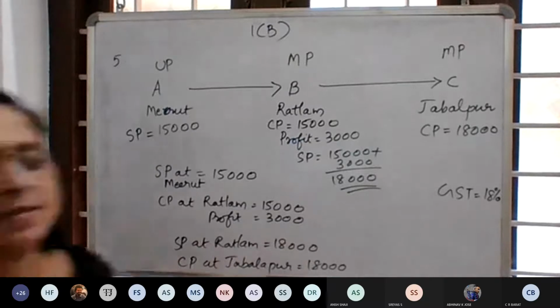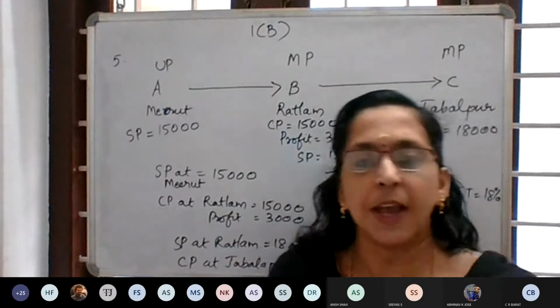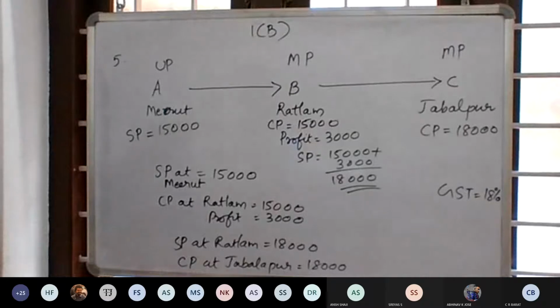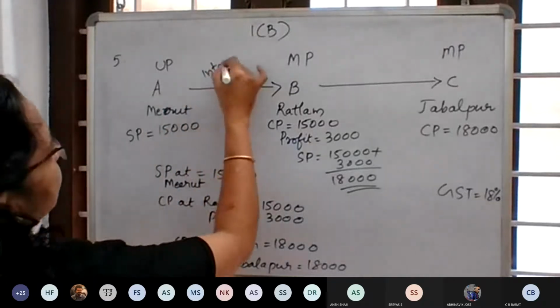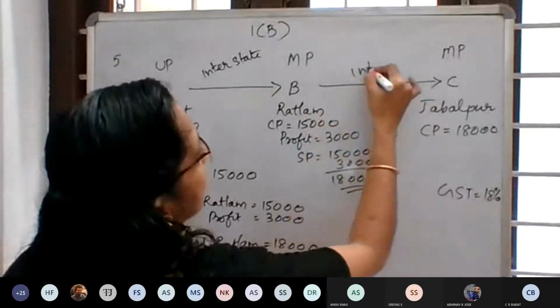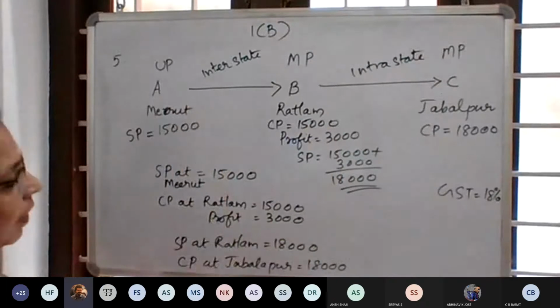Here, from A to B it is an interstate transaction. The transaction from B to C is an intrastate transaction.